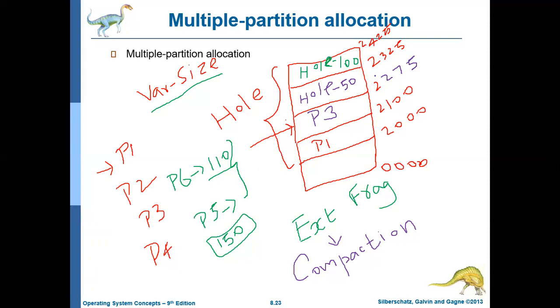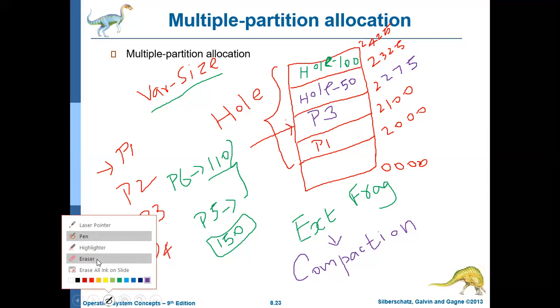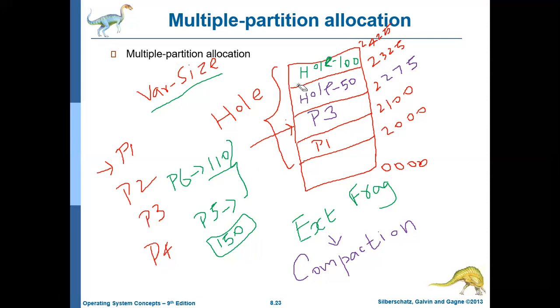Okay, and the next 50 MB, that is 2275 to 2325, there will be a hole, and the next 100 MB will be a hole, and then the operating system will merge these two holes. Whenever there are two adjacent holes, the operating system will merge them into a single hole.